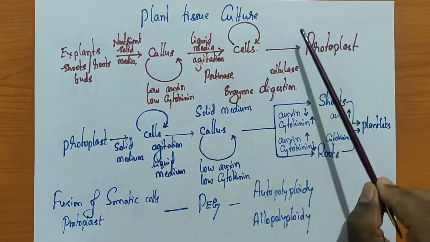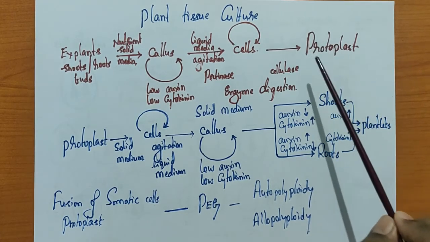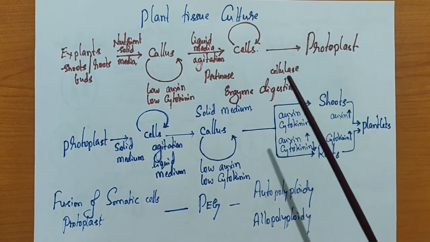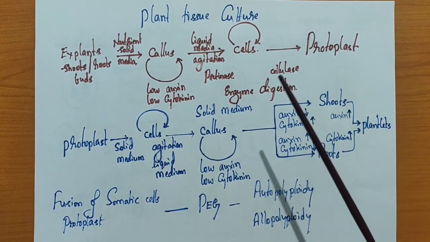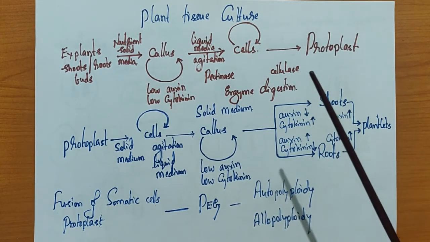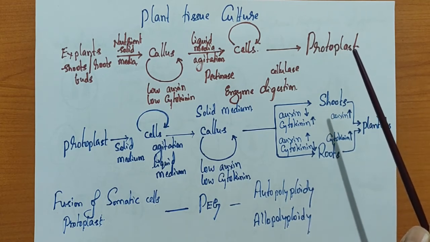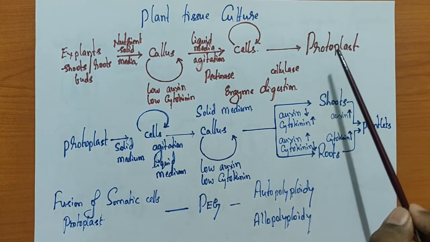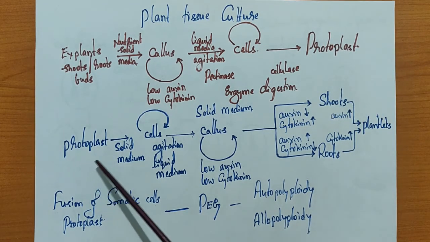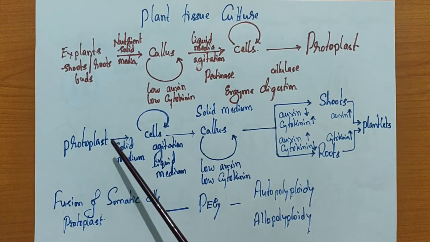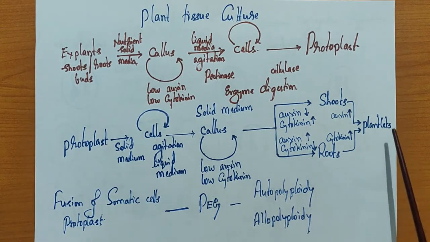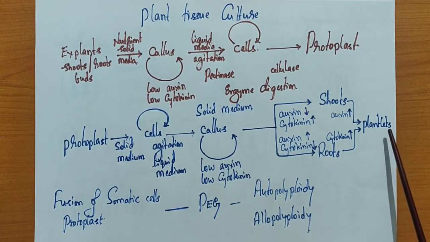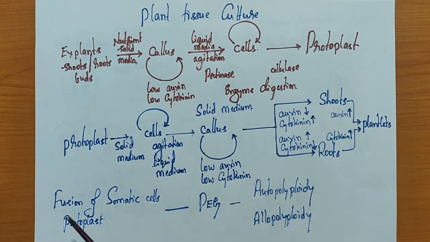Now we subject this protoplast to all kinds of manipulations, either somatic cell fusion, or, in the case of recombinant DNA technology, a gene is introduced using a vector. All right. So once we have manipulated the protoplast, how do we convert it into plantlets in laboratory conditions?